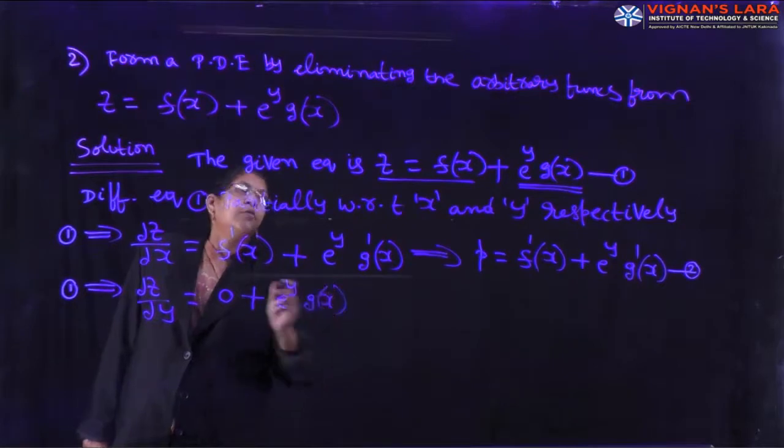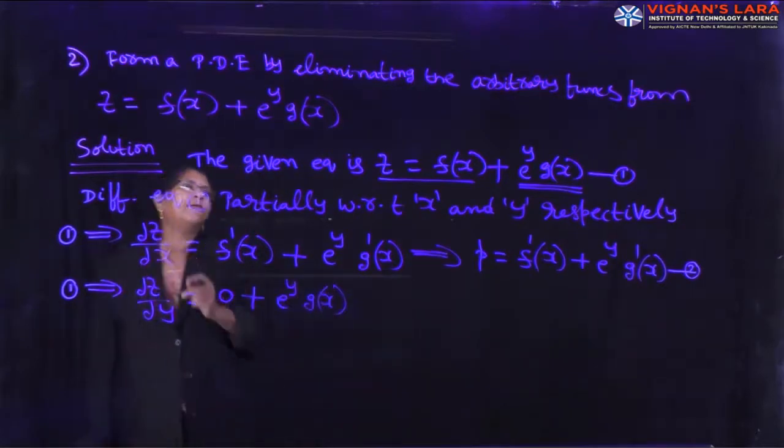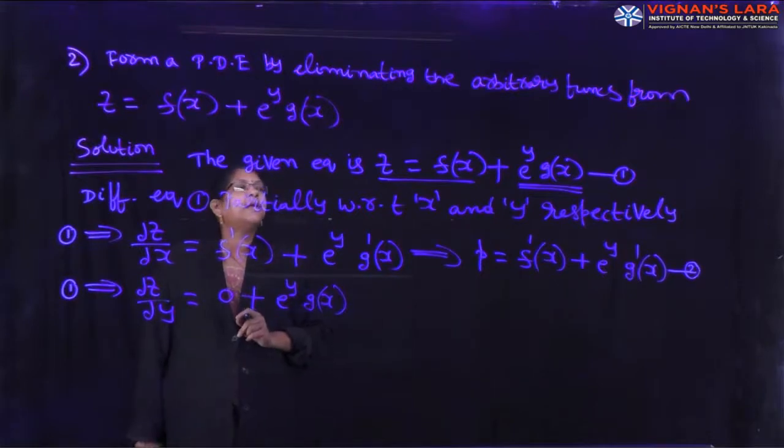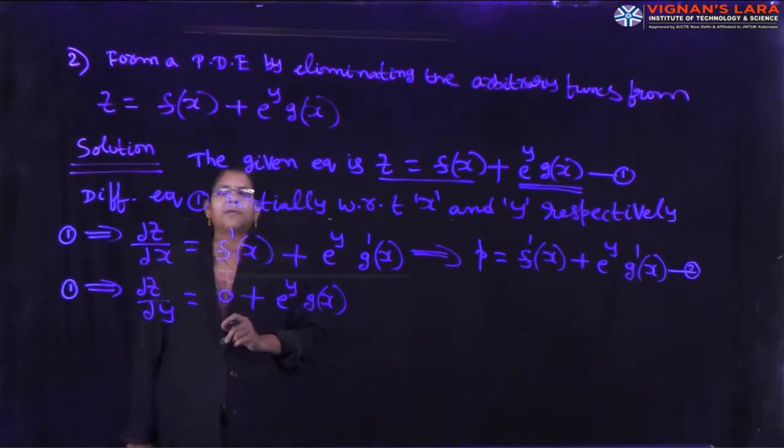For e power y the derivative is e power y itself, and g of x is a constant because we are differentiating partially with respect to y.